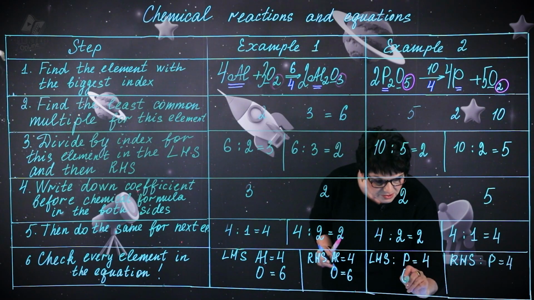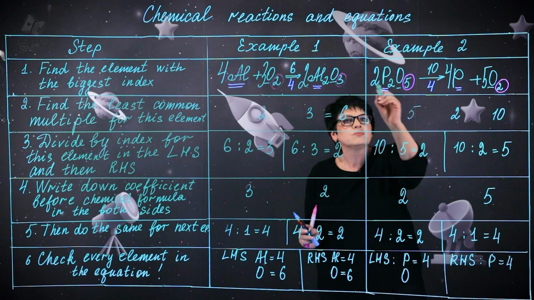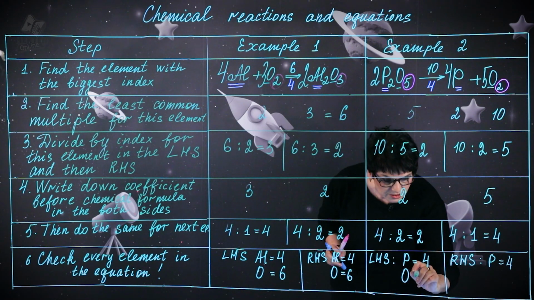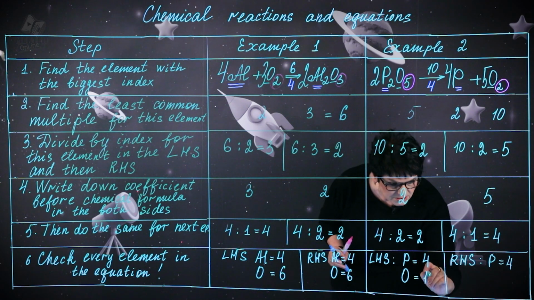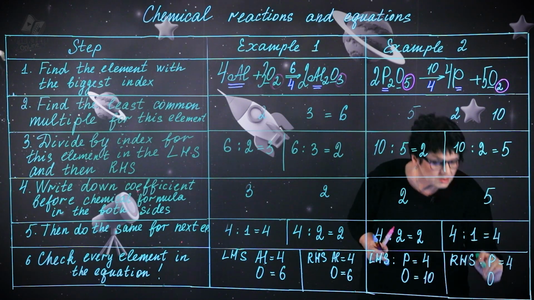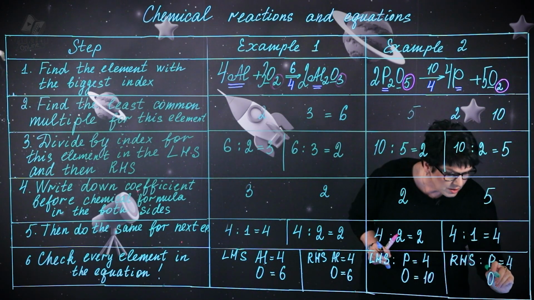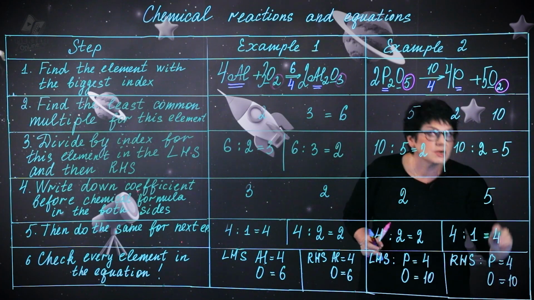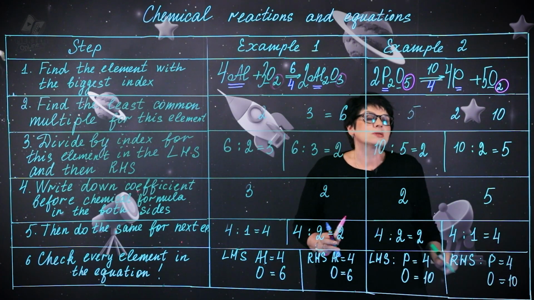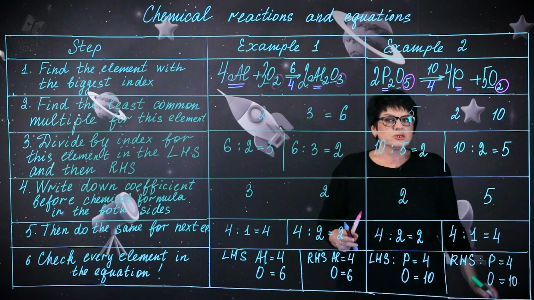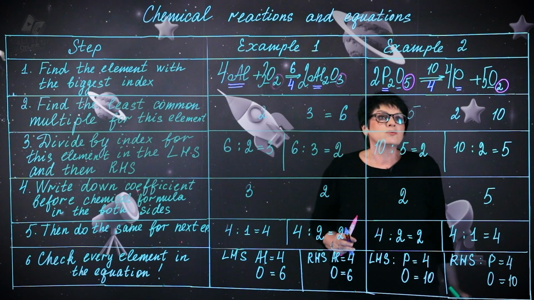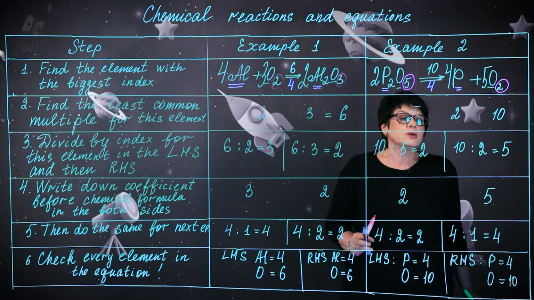Just got to check the oxygen now. When you multiply 5 by 2, you get 10 oxygen on the left. And on the right side, the multiplication of oxygen by 5 also results in the value of 10. Our equation is equated. The equation is supposed to be read. Let's read this. 2P2O5 is equal to 4P plus 5O2.